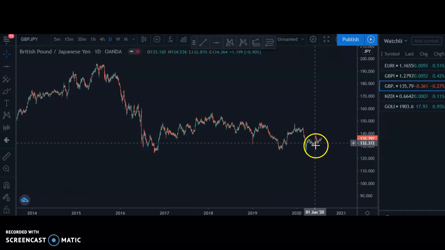The market is consolidating, but we want to take advantage of this consolidation where the market is at the moment to help us have proper entries in the week.